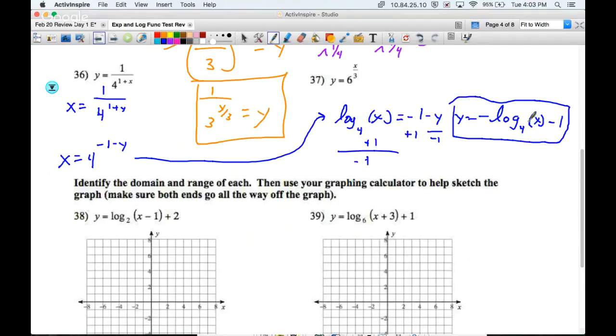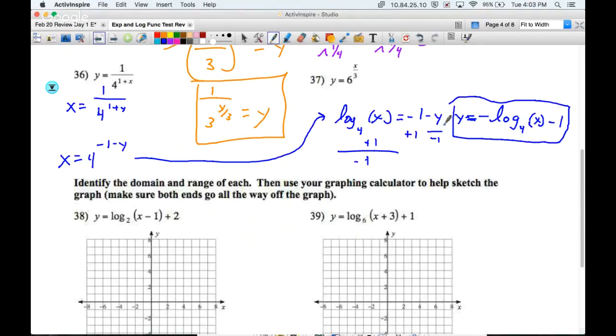I'm thinking this is just equivalent to the answer in the answer key. Let me just double check. I don't see any mistakes. 4x, negative 1. Yeah, by negative 1. So this must be an equivalent form for 36.